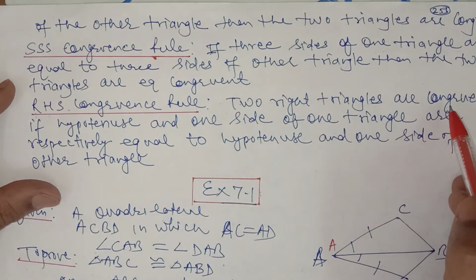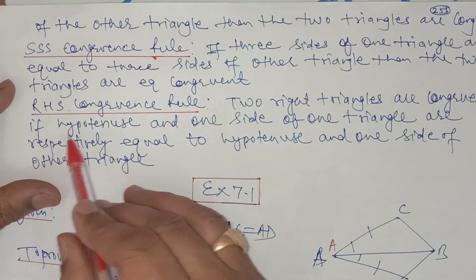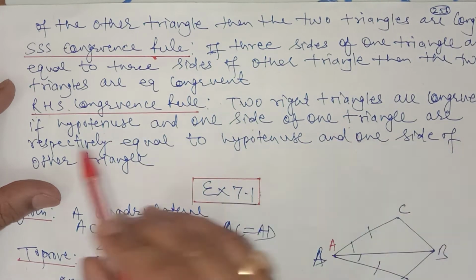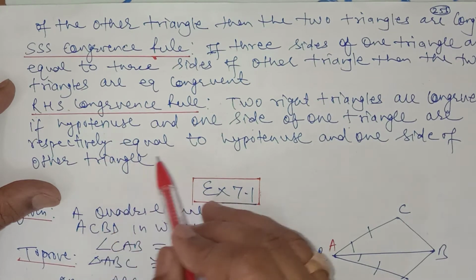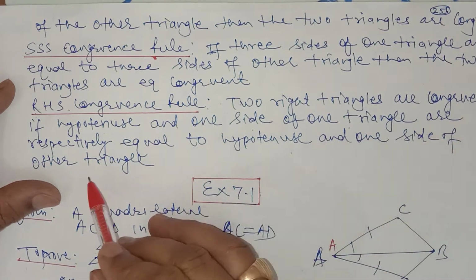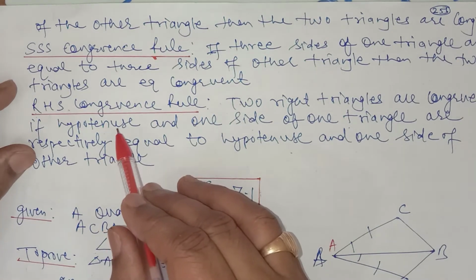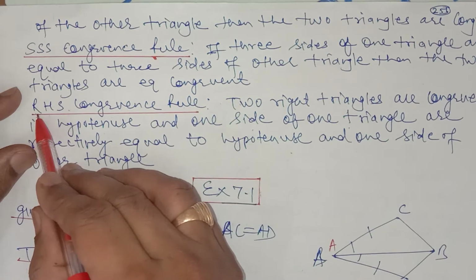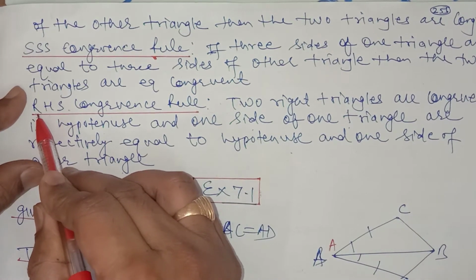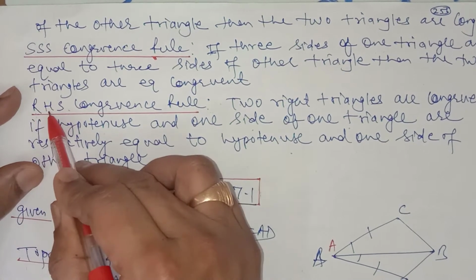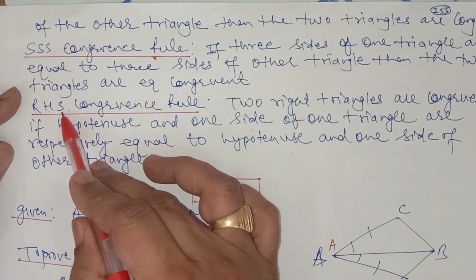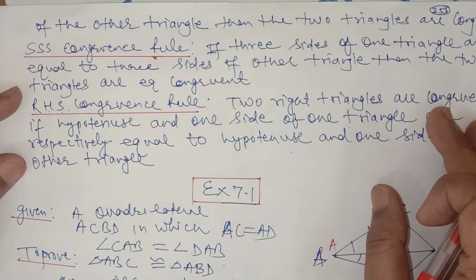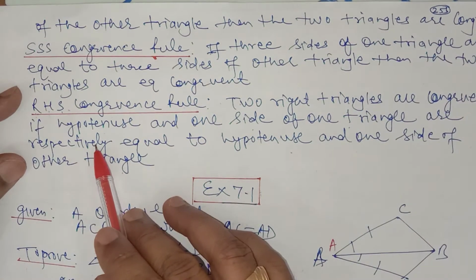If the hypotenuse and one side of one triangle are respectively equal to the hypotenuse and one side of the other triangle, then the triangles are said to be congruent by RHS Congruence Rule. That one should be a right angle triangle, the hypotenuse should be equal, and any one of the remaining sides should be equal.